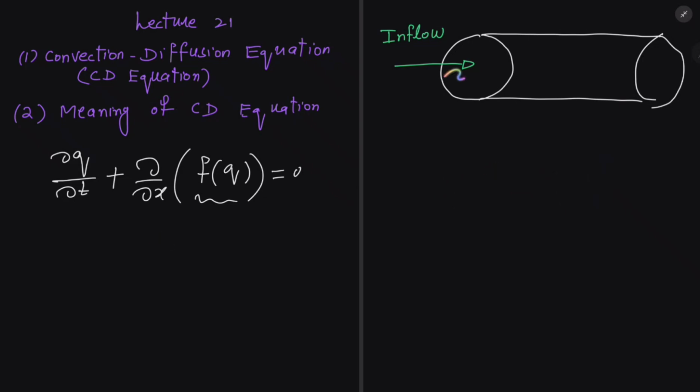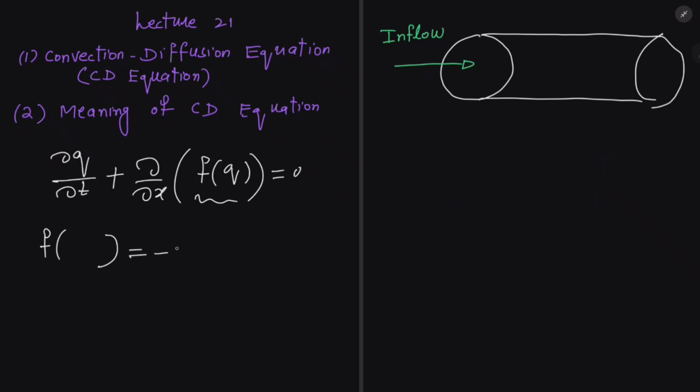So what we need to do, if we want to introduce convection plus diffusion, is we need a flux like this. I'll write down the dependence of this flux on some quantity.